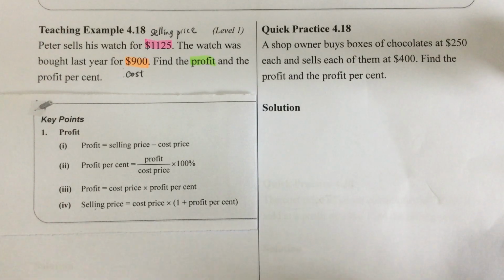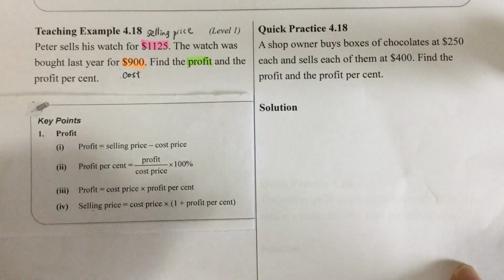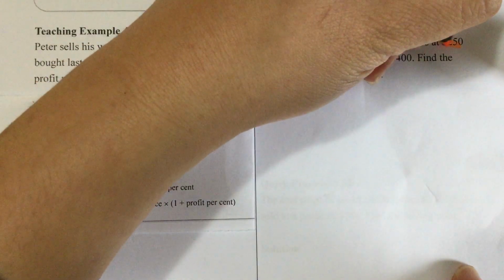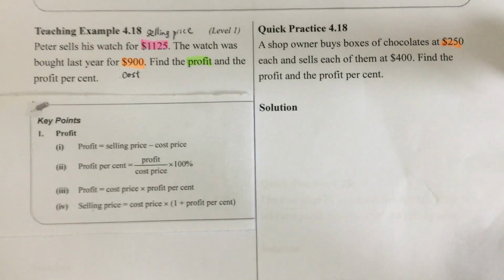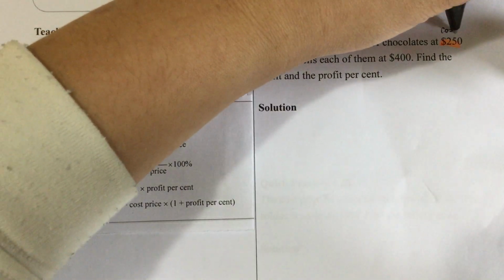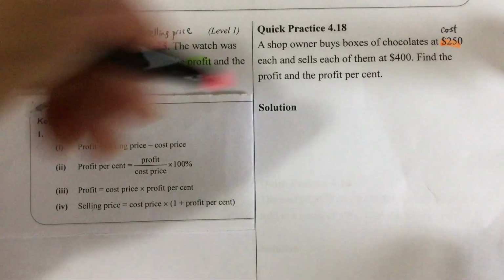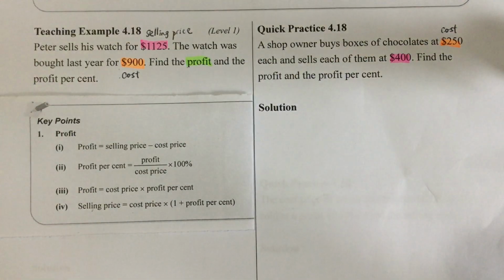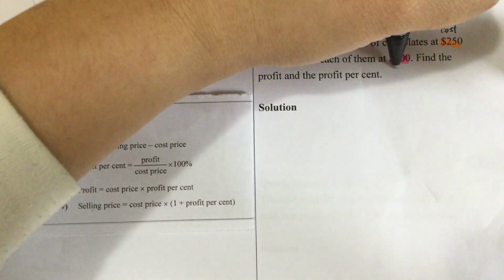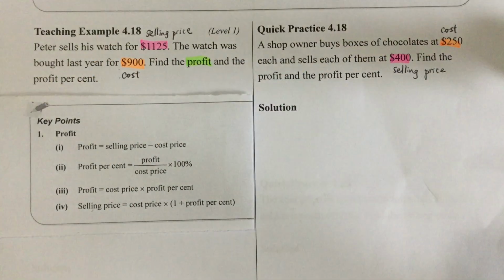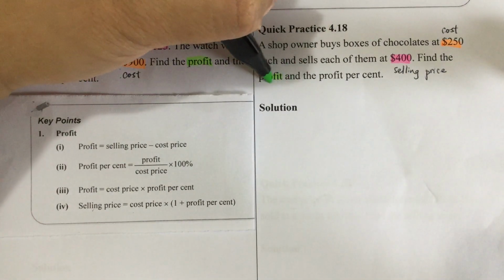Please look at this. A shop owner buys blocks of chocolate at $250. So you see this one is the cost. And then next, for $400, they sell each of them. So you will see this is the selling price. And you're going to calculate the profit and the profit percent here.